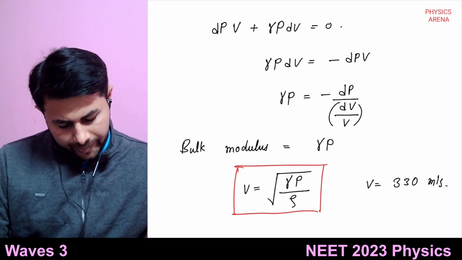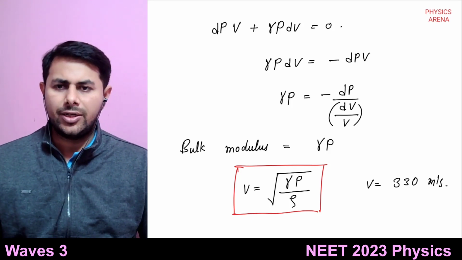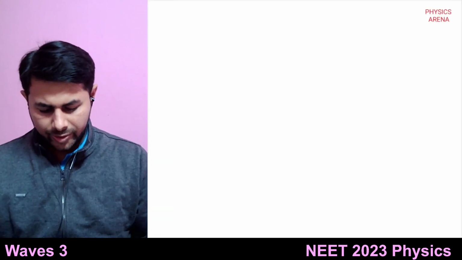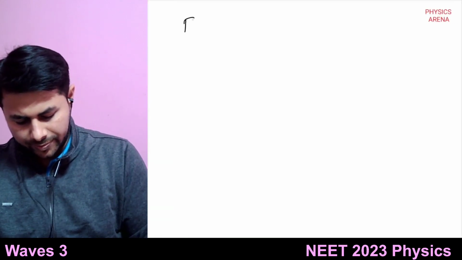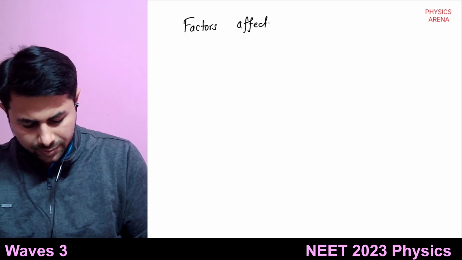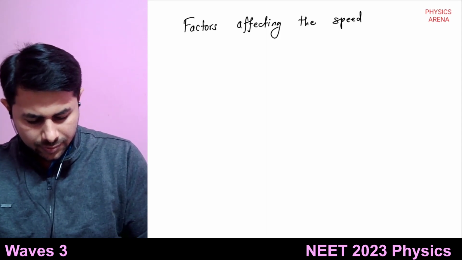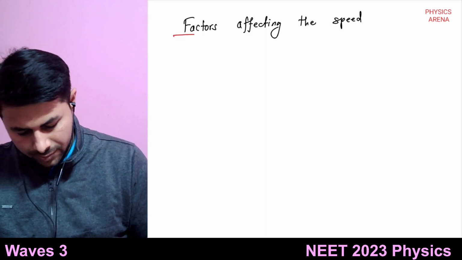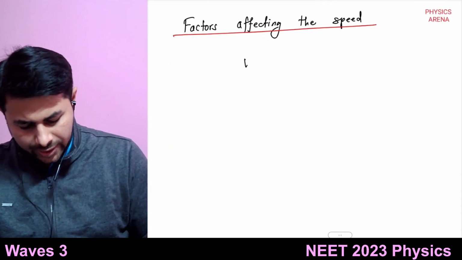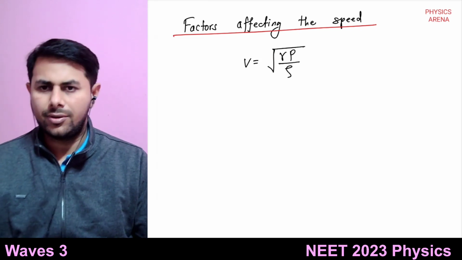Now, what are the factors on which the speed of sound in air will depend? Factors affecting the speed of sound. V is equal to square root of gamma times P divided by rho.